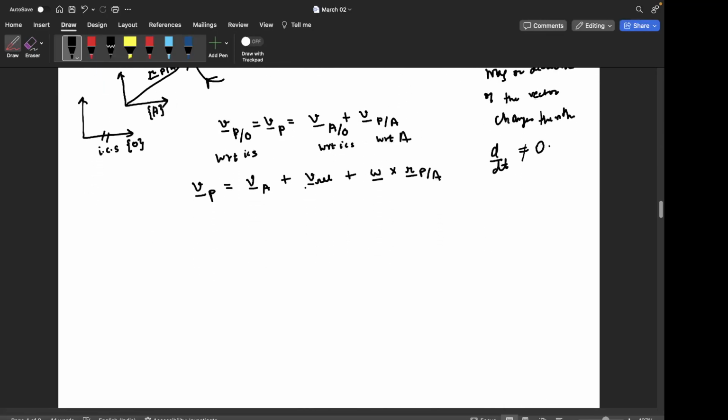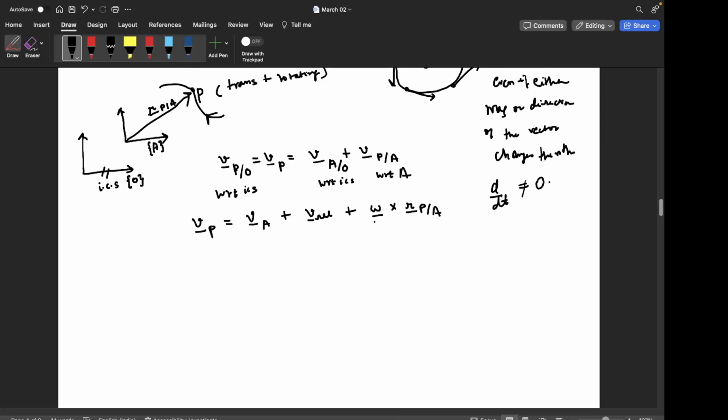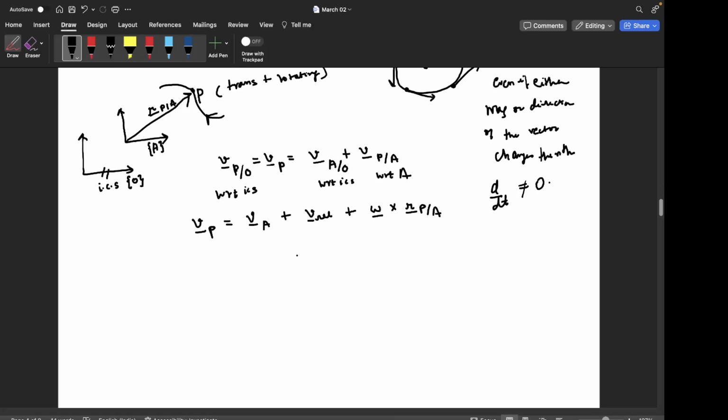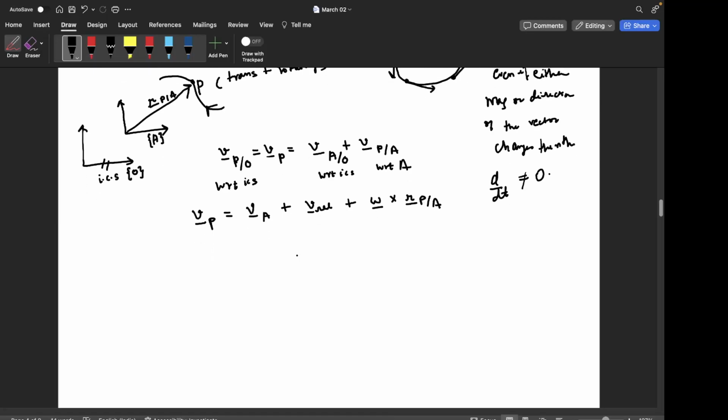So this is the general form: P will have velocity due to its translation and also due to the rotation. Just take a look at this expression for a moment and let me know if there are any doubts. We have done this before, so it should not be a difficult thing.